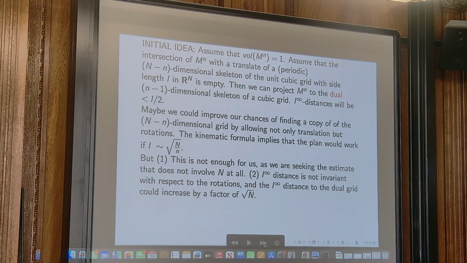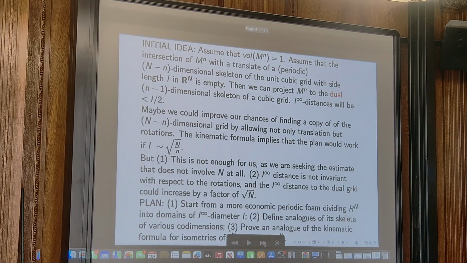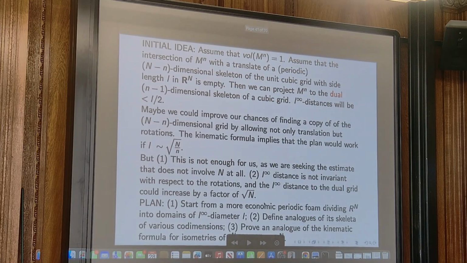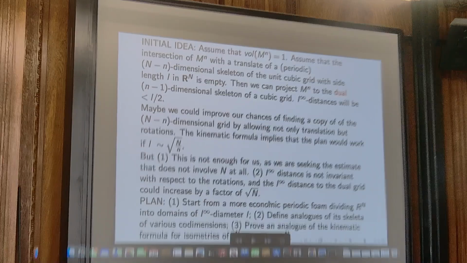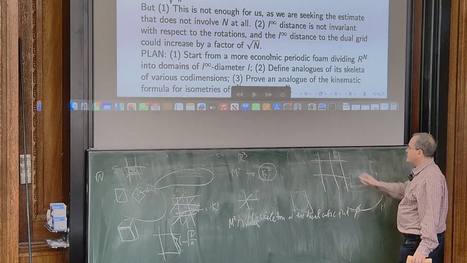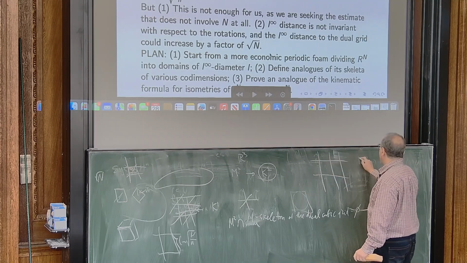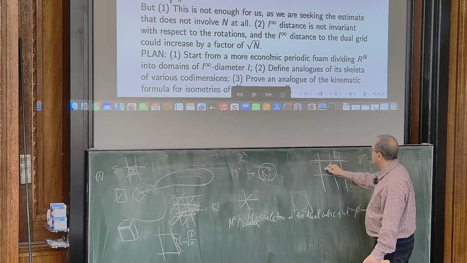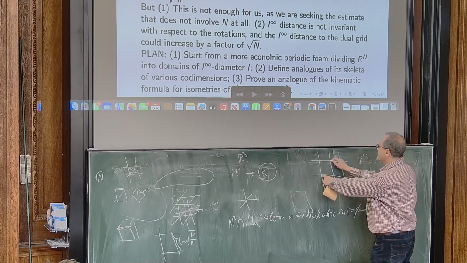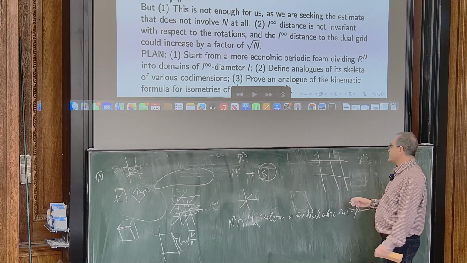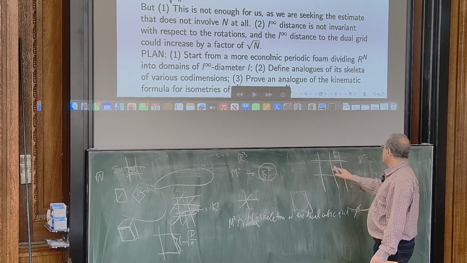Right, so here I listed the problems why this will not work, but here is a new plan. First of all, we started from this cubic grid because it provides a nice way to divide our space Rn into cubes, into sets of L infinity diameter 1, or 1 over 2, something like that. This is, however, not the most efficient.